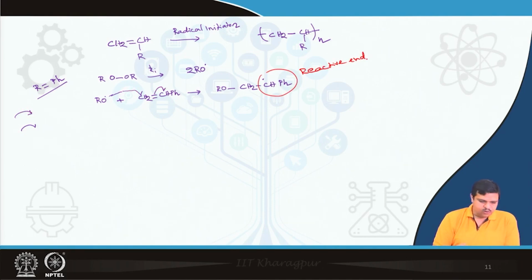Okay. So, now as it is a reactive end, this will now react with another monomer. And similarly, it will react sequentially with other monomers, and eventually you will get something like this.